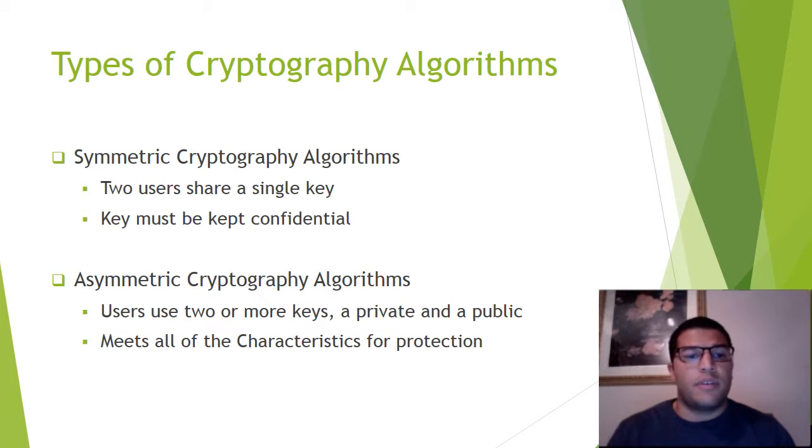Types of cryptography algorithms include symmetric cryptography, in which two users share a single key, and asymmetric cryptography, where users use two or more keys, usually a private key and a public key.